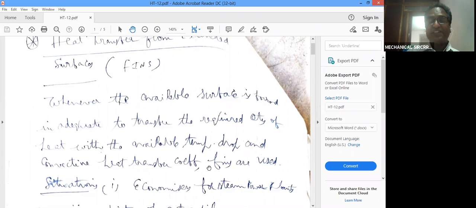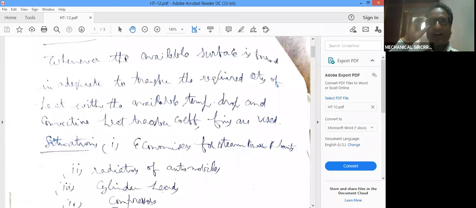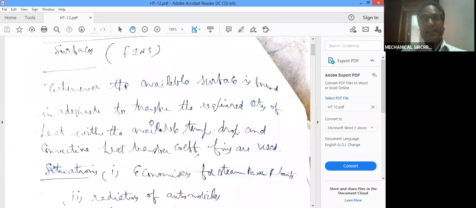For example, heat is to be removed from the engine.